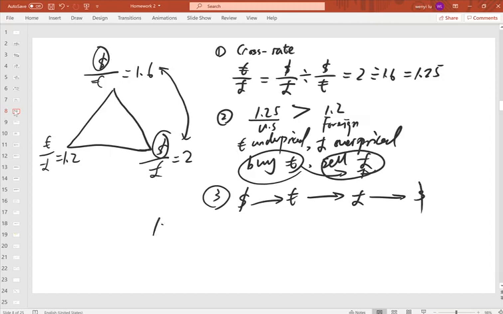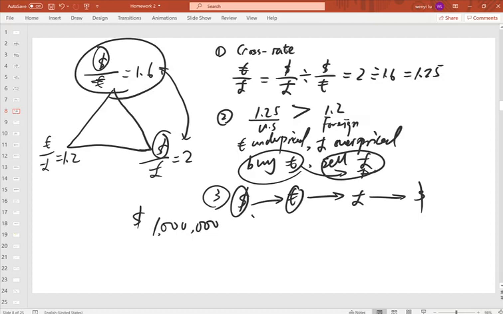So suppose we have $1 million to start this investment, right? The first step we go from dollar to euro, right, is this one. So for €1 equal to $1.6, for $1 million will be how many euros? We need to divide by 1.6, right? Then we will swap the euro to the pound in the foreign bank.